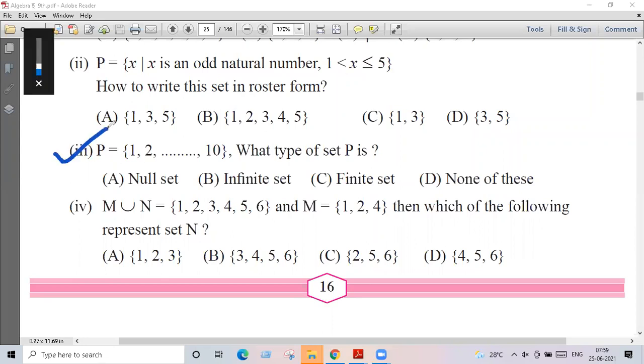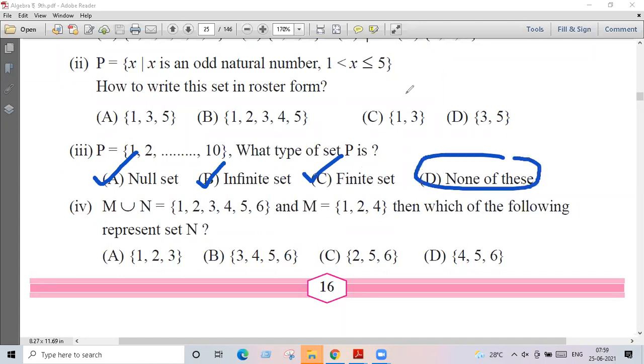Third question: P is equal to {1, 2, ..., 10}. What type of set is P? Whether it is null set, infinite set, finite set, none of these.